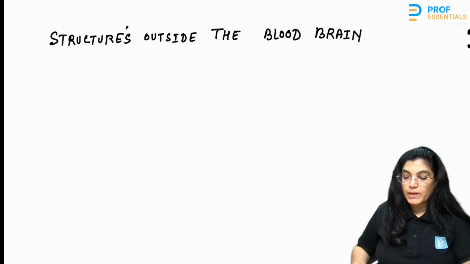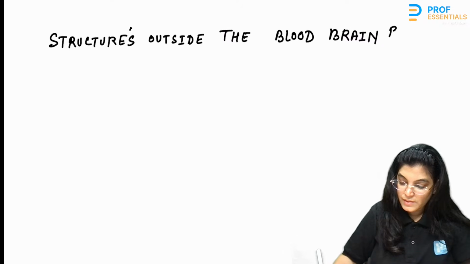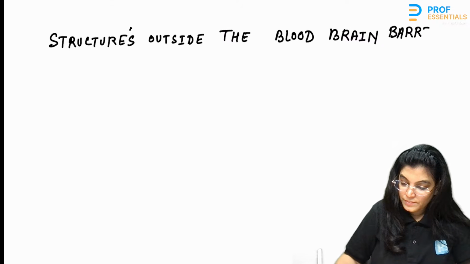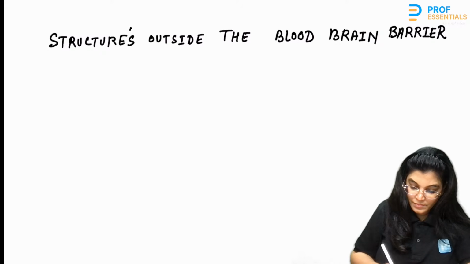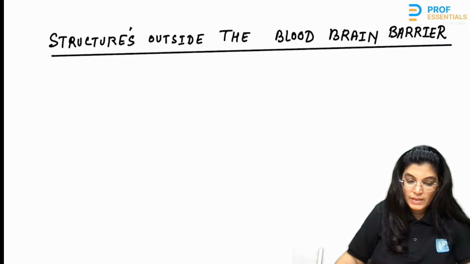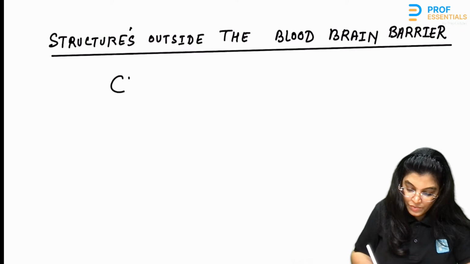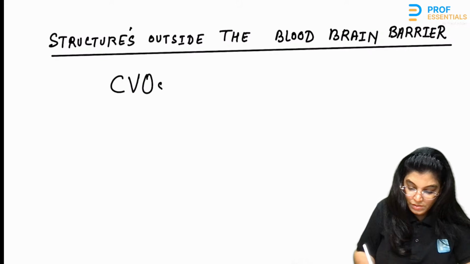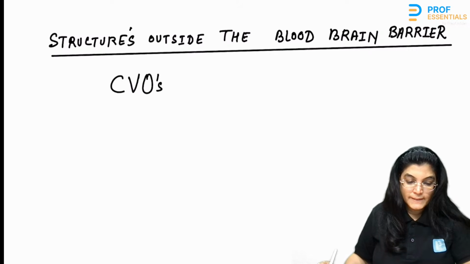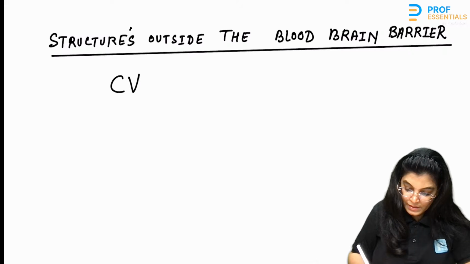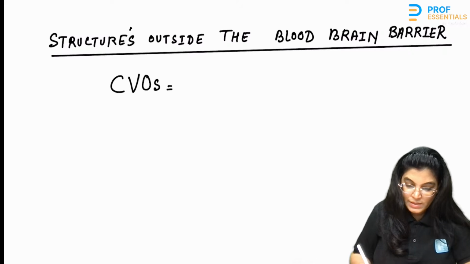These structures are called CVOs. Okay. So what is it?